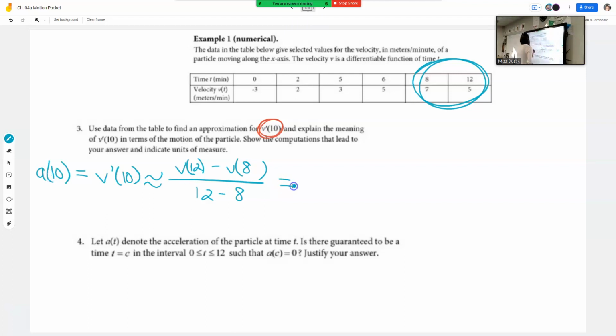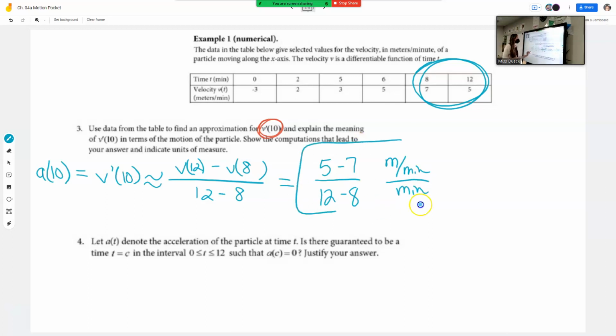And then guys, please, please, please model what I'm about to do. I'm going to do 5 minus 7, over 12 minus 8. I'm going to put meters per minute per minute. If you want to do meters per minute squared, that's totally fine. But what am I doing? What did I not do that you think I should do? I solved, but I did not what?